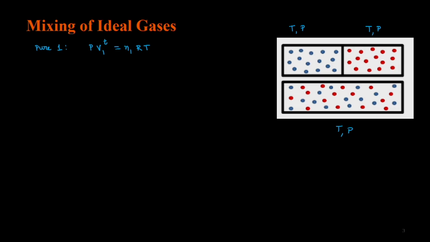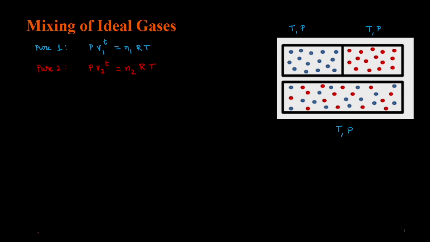Then for pure 1, PV1t will be N1RT, V1t being the total volume for gas 1, and for pure species 2, PV2t will be equal to N2RT. T and P are same.